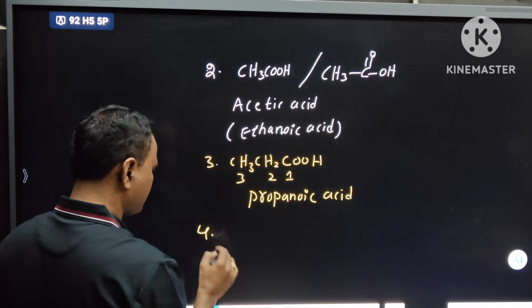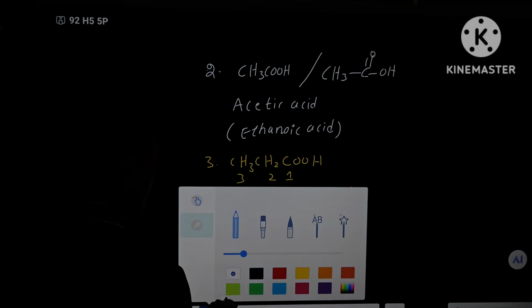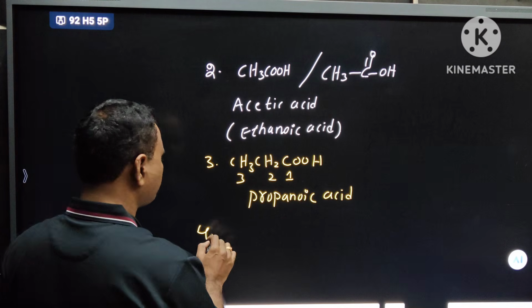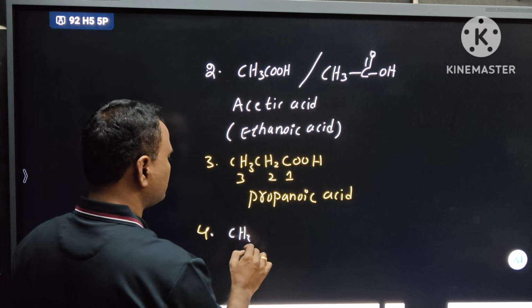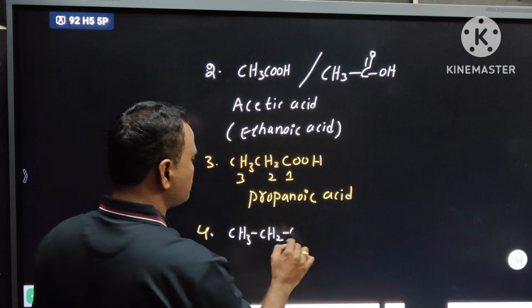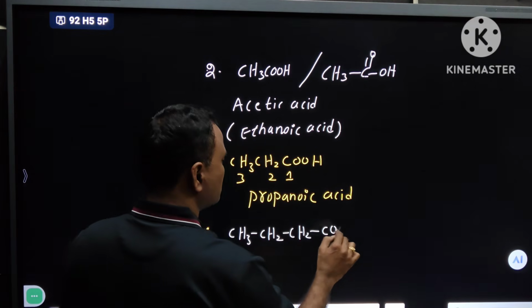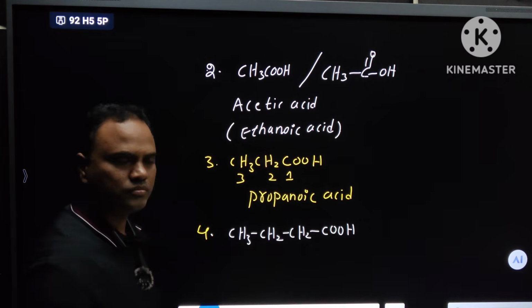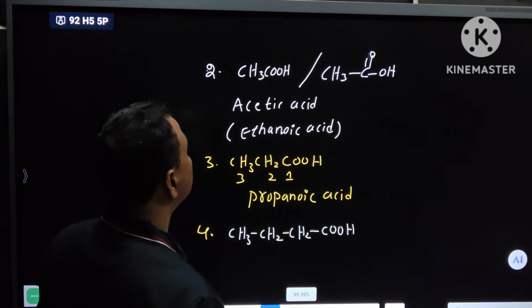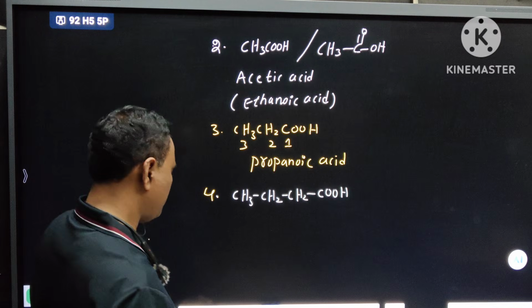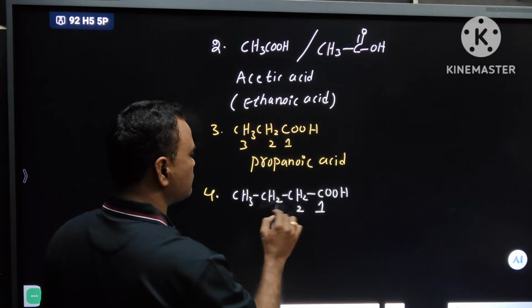Fourth one, CH3, CH2, CH2. What is its name? Butanoic acid. 1, 2, 3, 4.